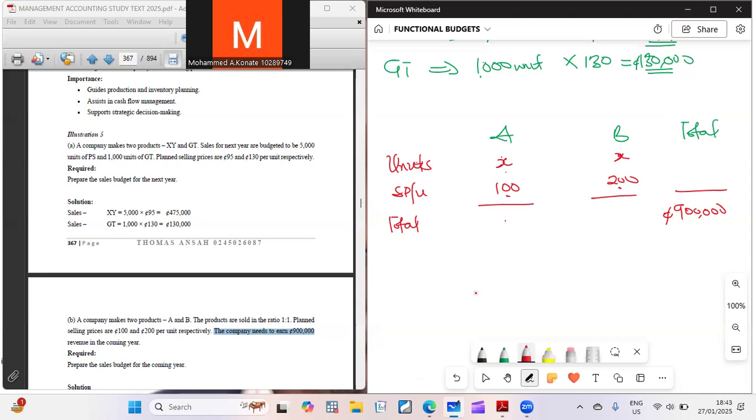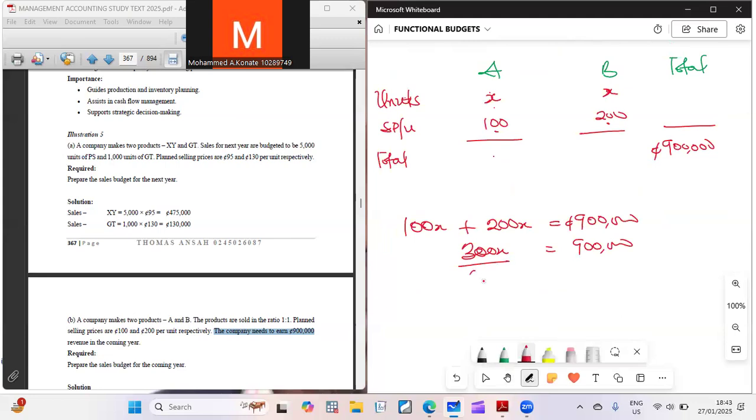So if you multiply, we are getting something like 100x plus 200x is going to give us 900,000 cedis. So if we have 300x being equal to 900, then what is x?